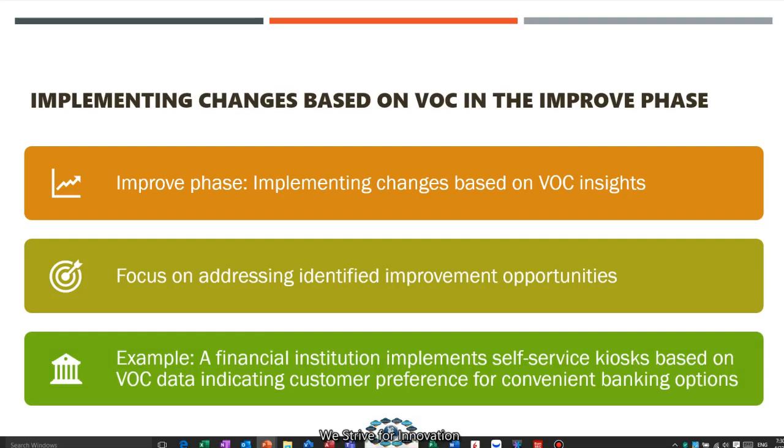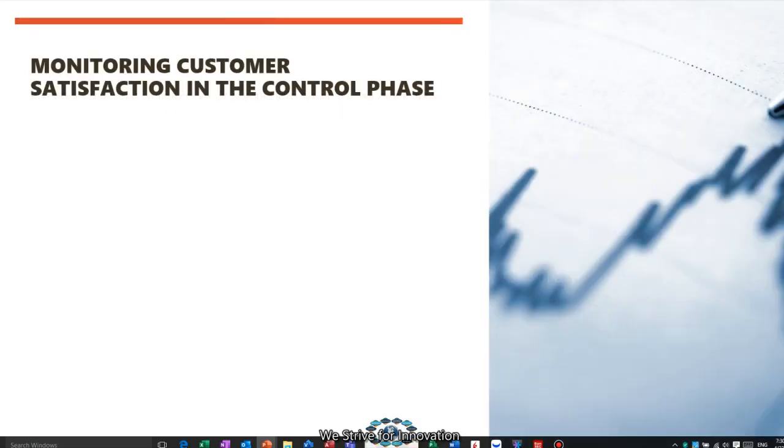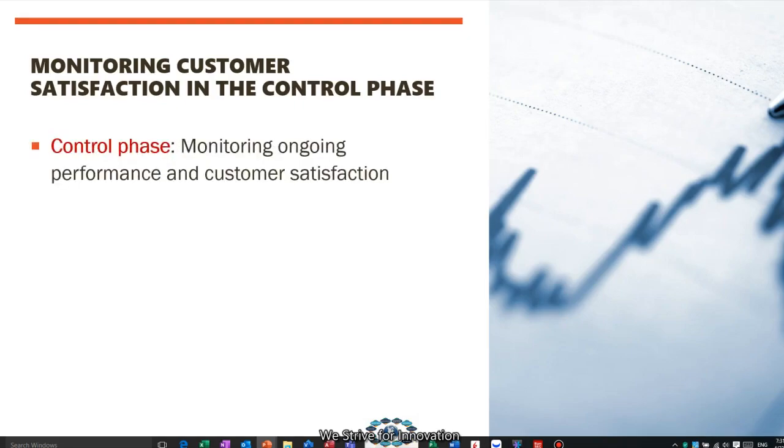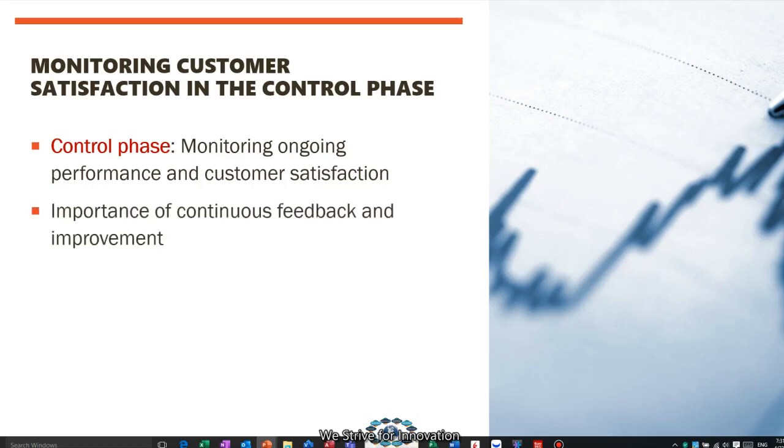Now you have done that. Now you need to monitor. So where will the voice of the customer be involved here? To monitor the satisfaction of your customer in the control phase. You monitor ongoing performance and customer satisfaction, and then you have continuous feedback and improvement, so whenever you get feedback from a customer, you do an improvement one step at a time till you reach that point of customer satisfaction.